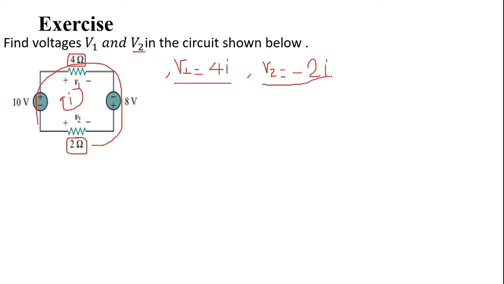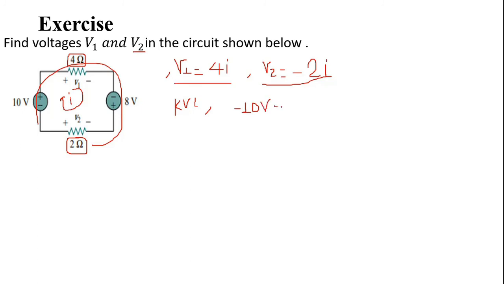And from Kirchhoff laws, we can use KVL. From KVL, the algebraic sum of voltage across a closed loop equals 0. So for the circuit, KVL can be applied. This current I is entering in a negative terminal for the source, so it is signed as minus 10 volts.